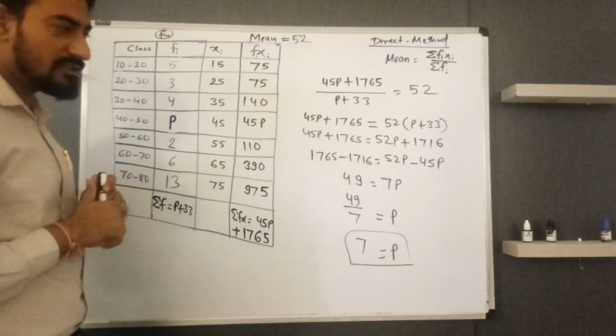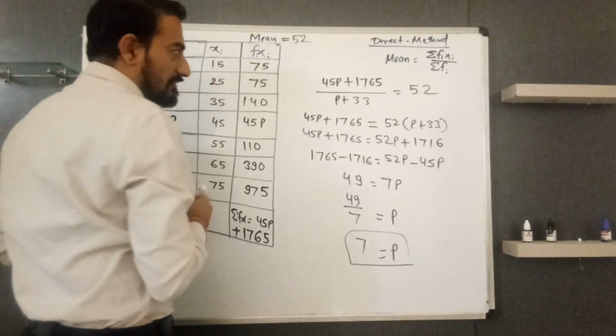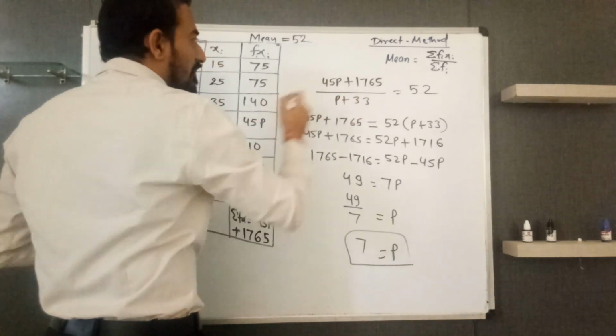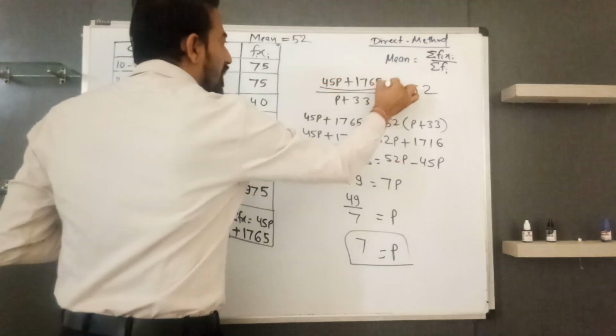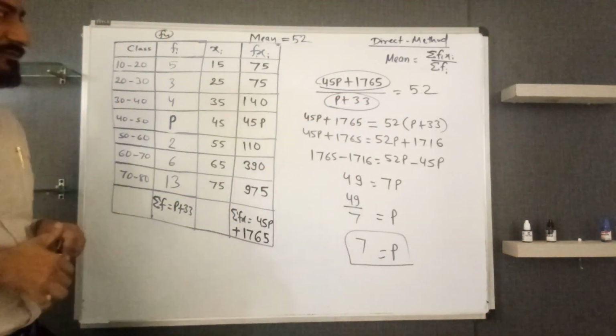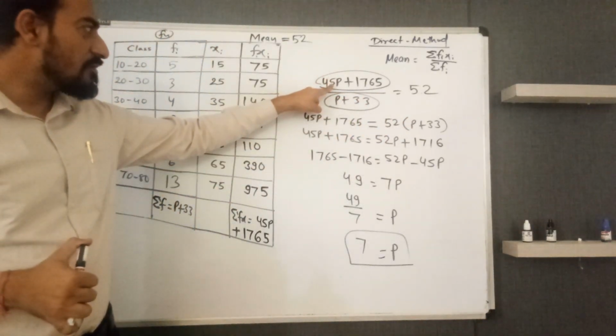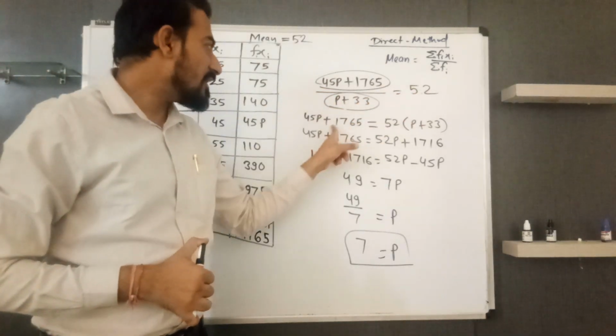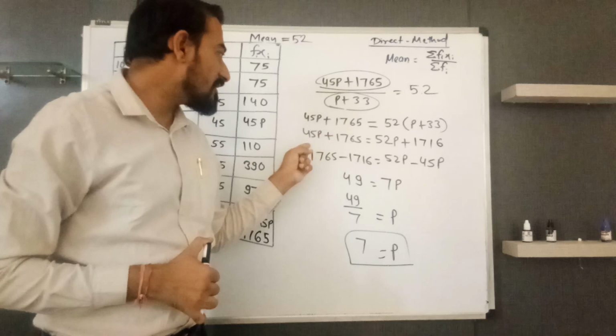Are you getting this? One more thing. In this case, you will have the variable in the numerator and the denominator both. See, in numerator we have P, in denominator also we have P. Then by cross multiplication we will get a linear equation.